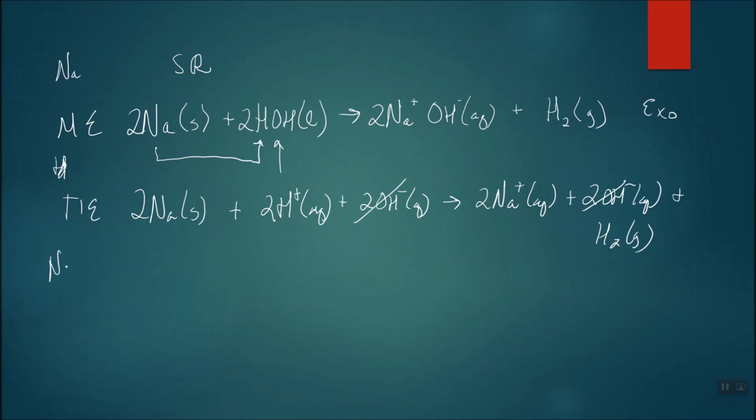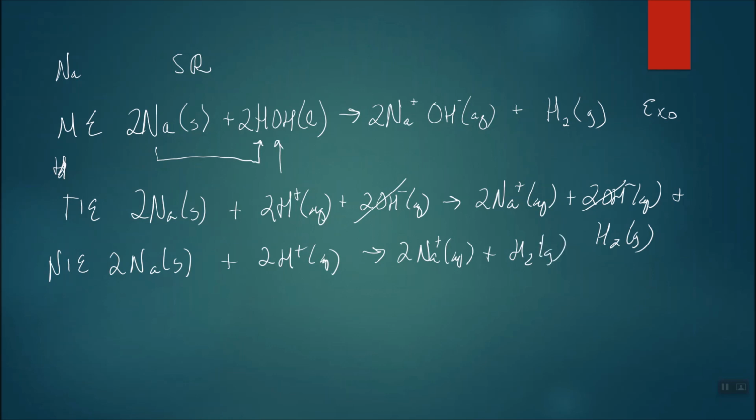So our net ionic equation would be sodium plus 2 hydrogens to form 2 sodium ions plus hydrogen gas. Applying this to our understanding of oxidation and reduction, oxidation, who's going up?